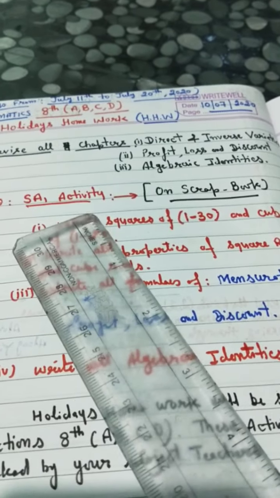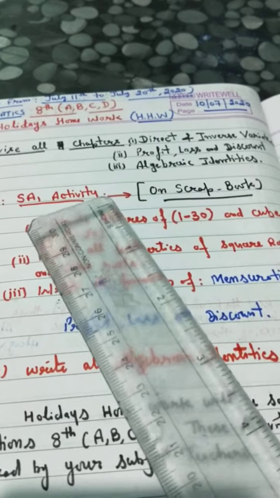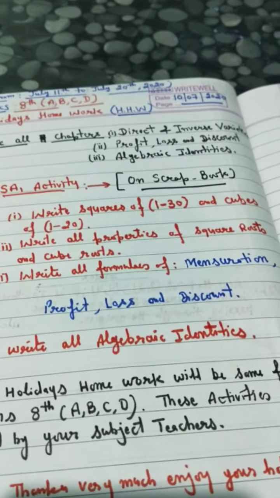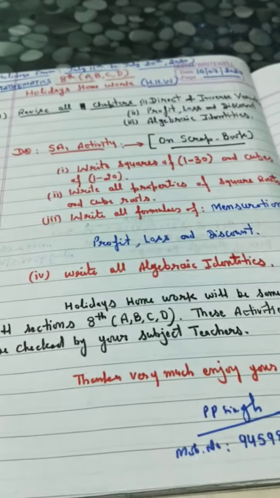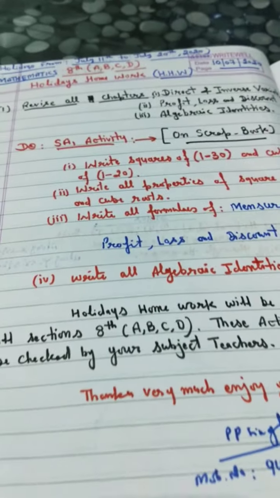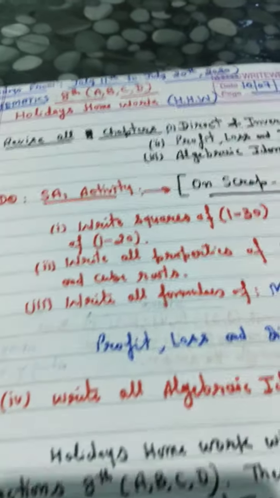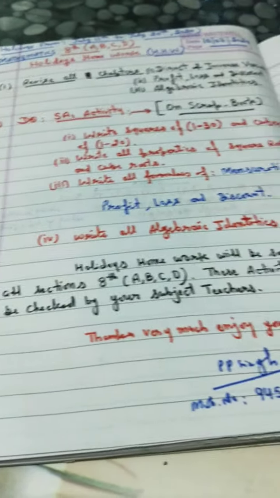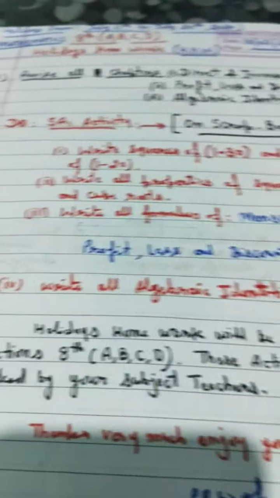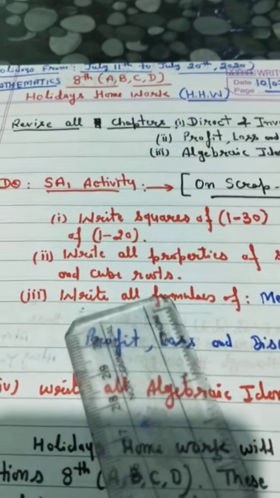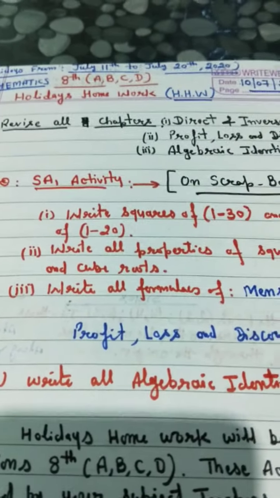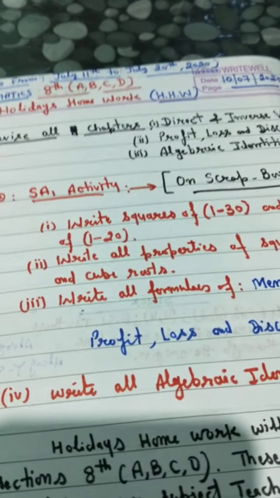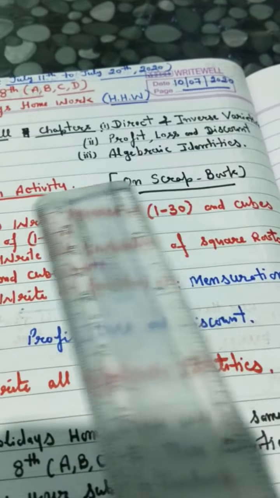This activity will be shown to you by your subject teachers who teach you maths in these sessions. For 8th A, Madam Sapna; for 8B, Madam Ruchika; 8C, myself; and 8D, Kapil sir. You show this activity to your teachers. Now from tomorrow you do these activities on scrapbook, only scrapbook.